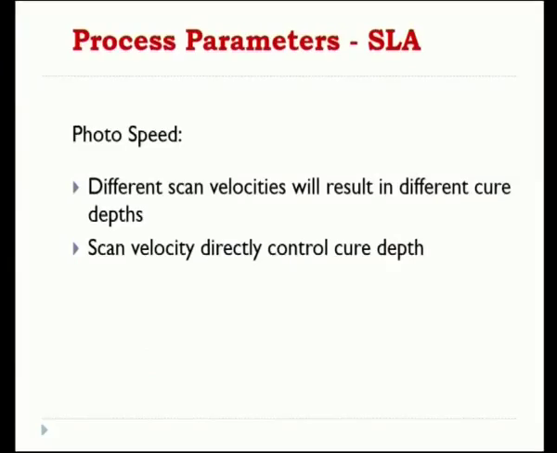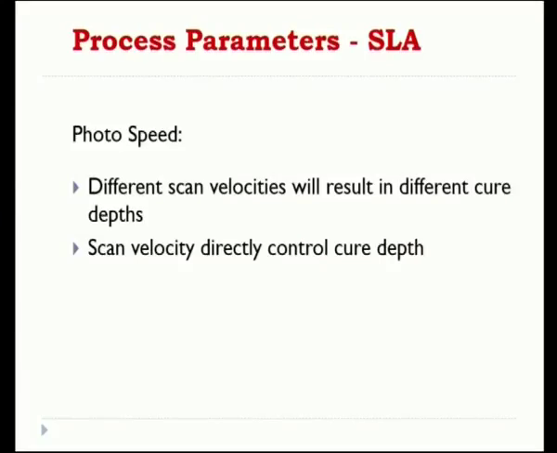That's it. Next is photo speed, or generally we can call it the scanning velocity. Here we call it photo speed. It's very direct again. If you vary the scanning speed, obviously it will vary the curing depth. If I keep 100% the same velocity input, obviously I am going to get the same curing depth.